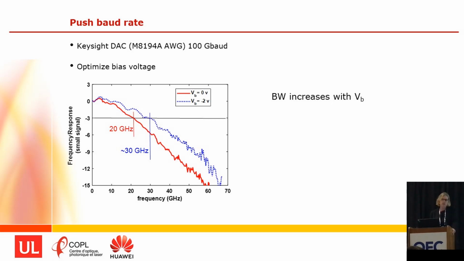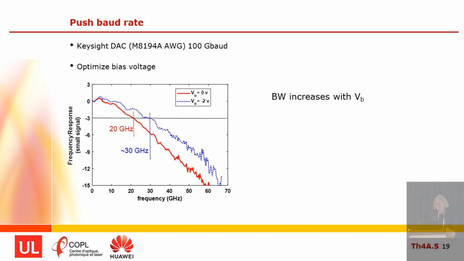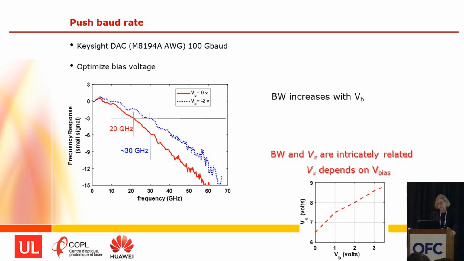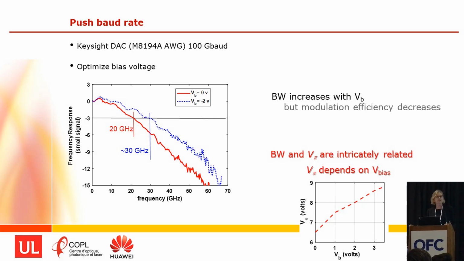The problem is that when we change the bias, the operating point for our modulator, the V-pi is also changing. And so if we assume that we have the same swing available to us, I'm increasing the bias voltage to increase my bandwidth, but I'm also increasing my V-pi, which means that my modulation efficiency is decreasing. So I have to find a balance between these two effects.